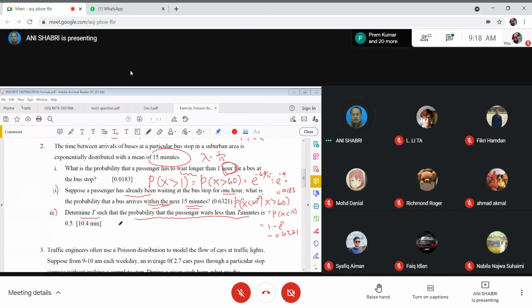Okay, what is the mathematical for this one? P. Okay, what is symbol? P. Okay, lagi-lagi apa ni? Okay, X less than, kurang daripada T unit, it is equal 0.5.